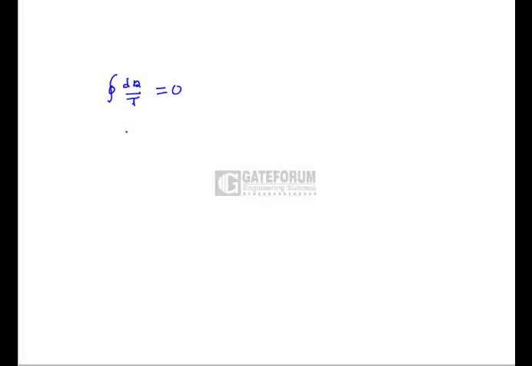That is Q1 by T1 plus Q2 by T2 plus Q3 by T3 is equal to 0. Here we have only 3 reservoirs, so that's why we have 3 terms, that is Q1 by T1, Q2 by T2 and Q3 by T3.